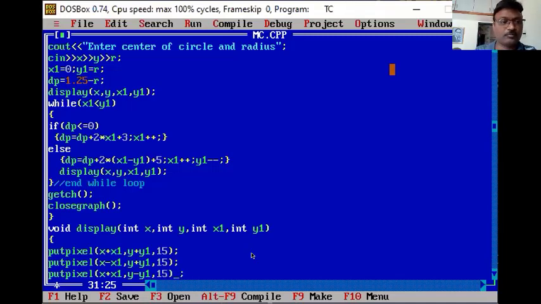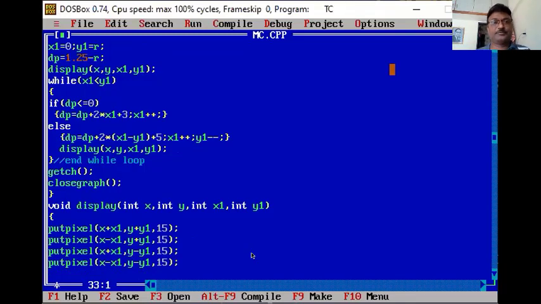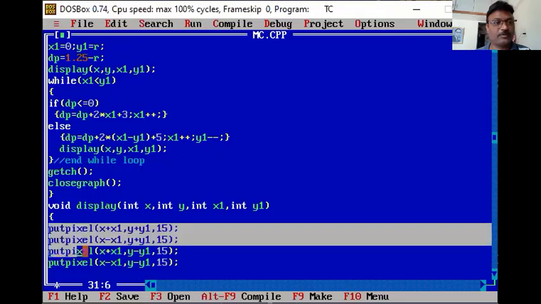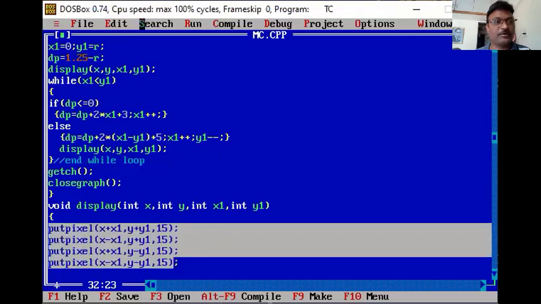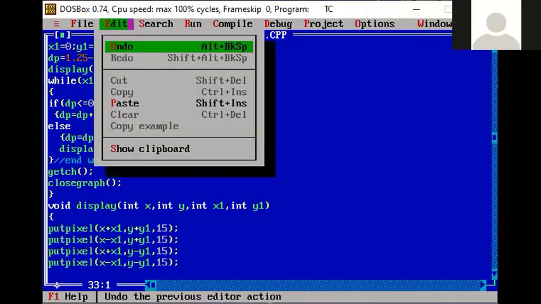Function putpixel x minus x1, y minus y1, comma 15. Okay. So that the time is less, I just have to copy: edit, copy, then paste.